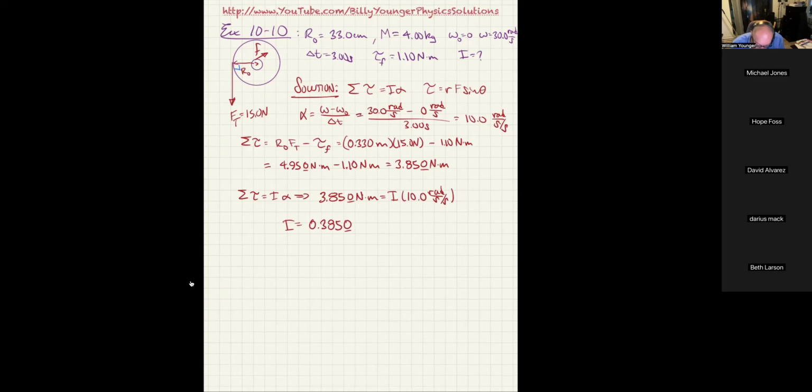So we end up getting a kilogram meter squared per second squared divided by radians per second squared. You can see the reciprocal second squared canceling out. The radian you can just drop off. So in fact, the answer becomes 0.3850 kilograms meters squared.